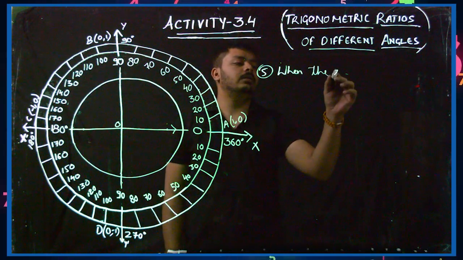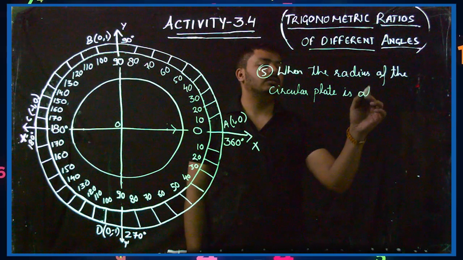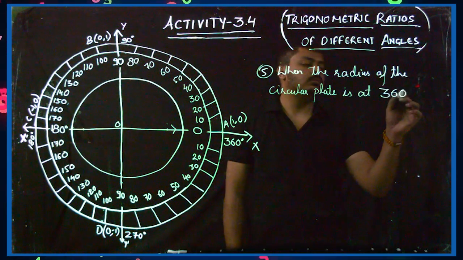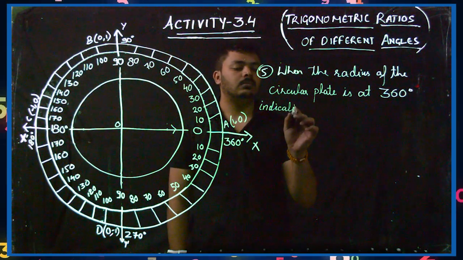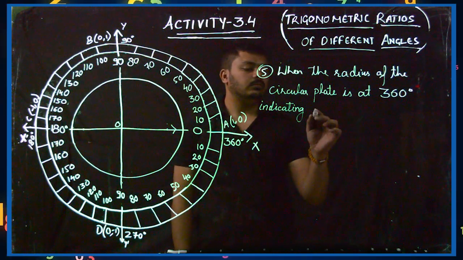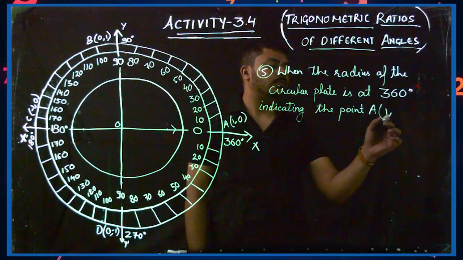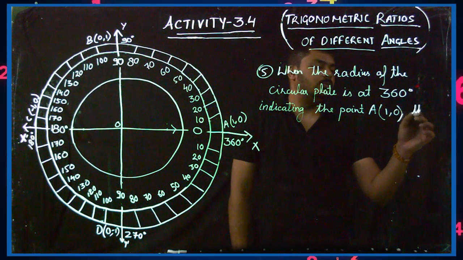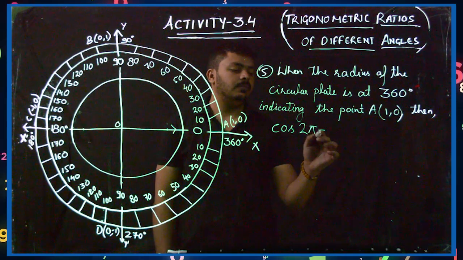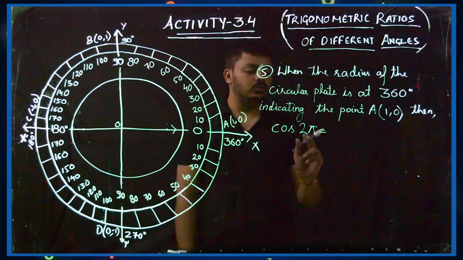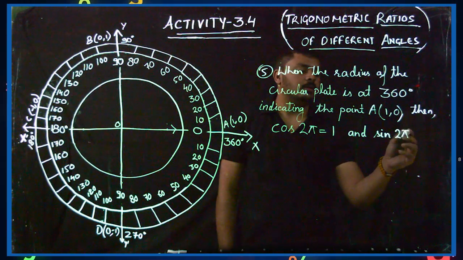So now, when the radius of the circular plate is at 360 degree, indicating the point A (1, 0), then cos 2 pi, that is 2 pi is equal to 360 degree, so cos 2 pi is equal to 1 and sin 2 pi is equal to 0.